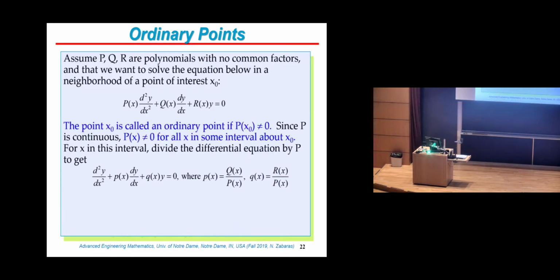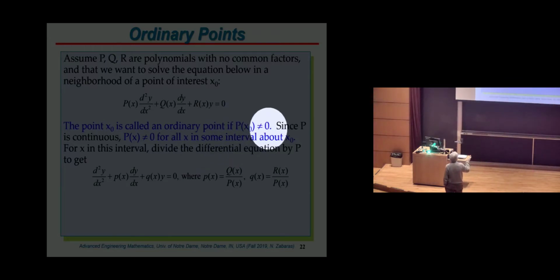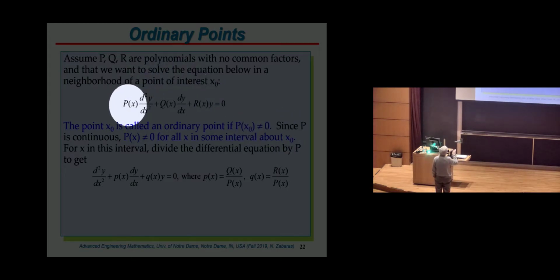So what is an ordinary point? I said we're going to be solving these equations at ordinary points. So the definition is very simple. An ordinary point is a point where this coefficient P is not equal to 0. All right? I mean, that makes sense, right? Because in principle, before, what we have done is we divided by P. You remember we had there a little p and a little q when we discussed second order ODEs.